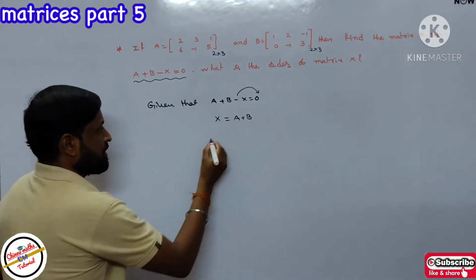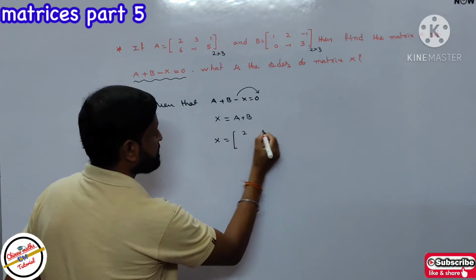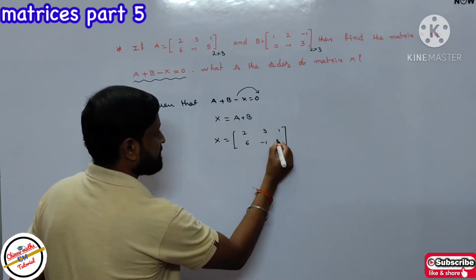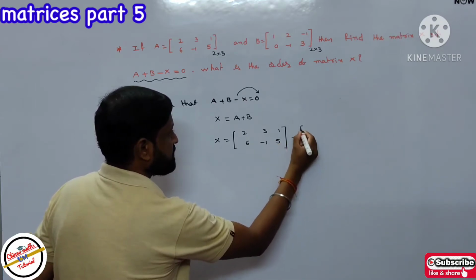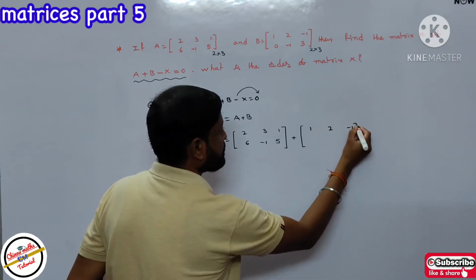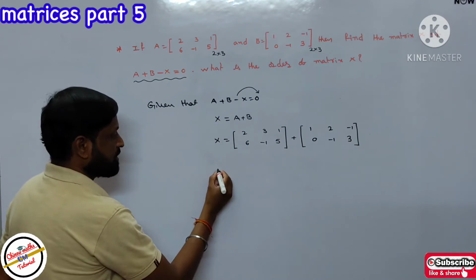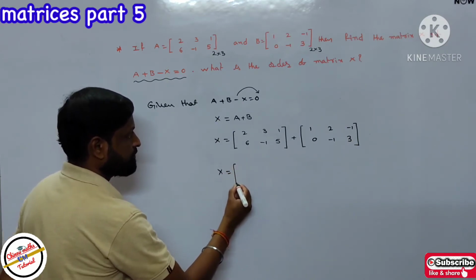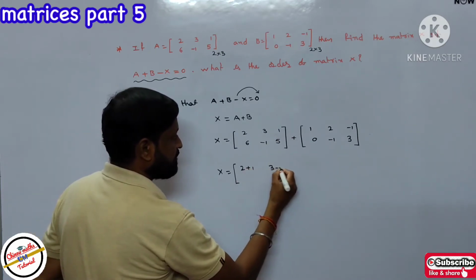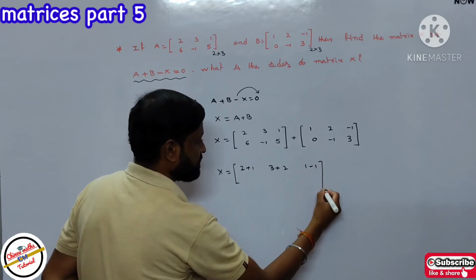So X equals the matrix A, which is [2 3 1; 6 minus 1 5], plus the matrix B, which is [1 2 minus 1; 0 minus 1 3]. Adding the corresponding elements: 2 plus 1, 3 plus 2, 1 plus minus 1.